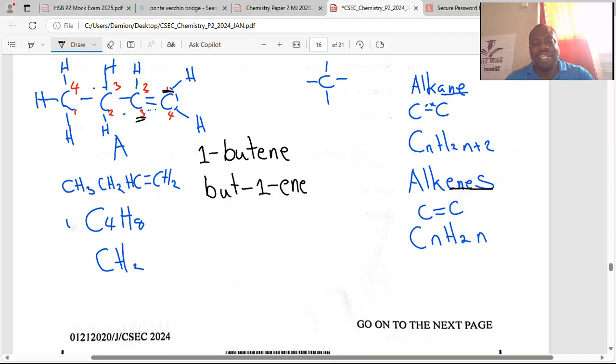And so you should be able to see a name and draw the structure. You should be able to see the name and know the molecular formula. You should be able to move back and forth. Once you can do that, you would have put yourself at an edge in terms of organic chemistry.